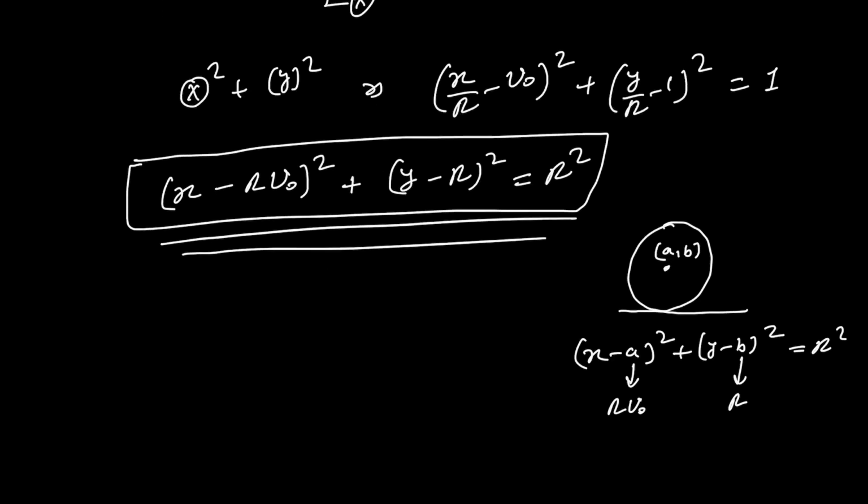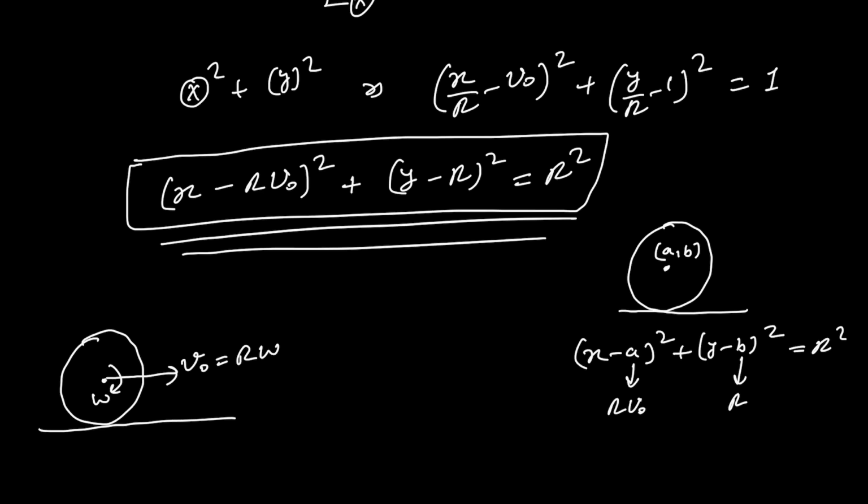So basically if you take a disc or a circle, and if you start rolling it with some angular velocity omega, and if it is pure rolling, then its velocity v naught will be r omega, where r is the radius of this disc or ring.